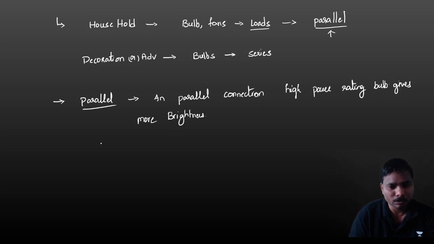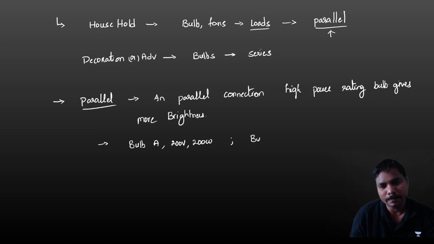For example, if bulb A has ratings of 200 volts and 200 watts, and bulb B has 200 volts, 100 watts, here bulb A gives more brightness.